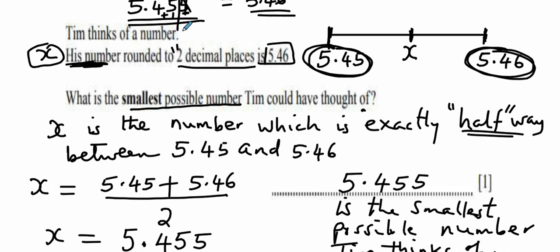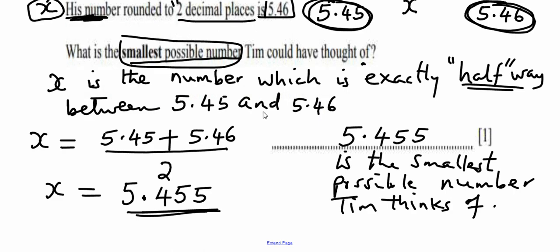Tim thinks of a number. His number rounded to 2 decimal places is 5.46. What is the smallest possible number Tim could have thought of? See, this is the working. So the smallest possible number that Tim could have thought of is 5.455.